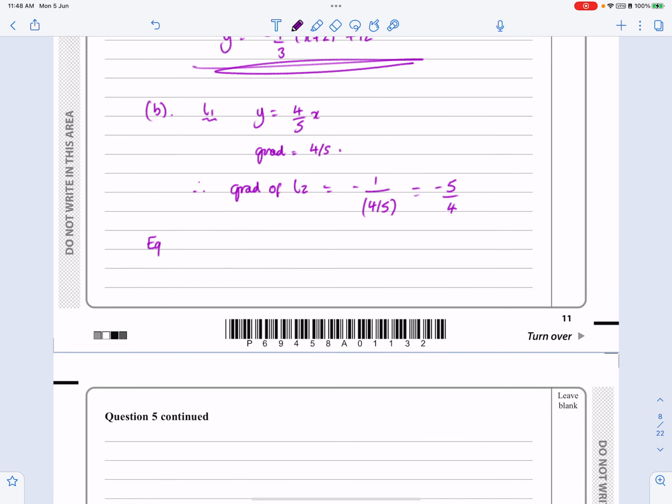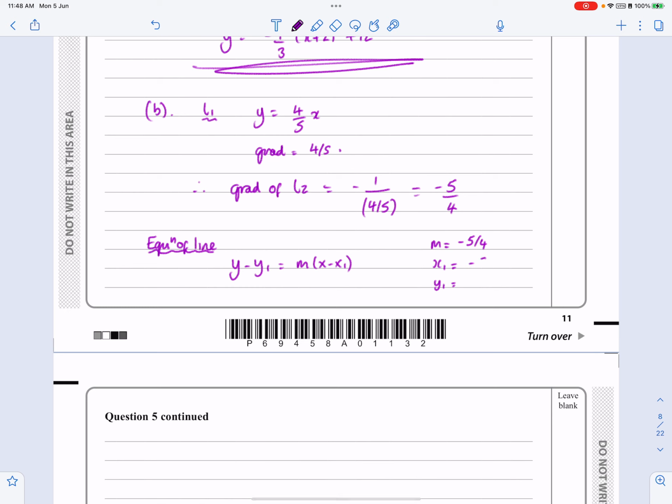So, equation of the line: I'm always going to use y minus y1 equals m(x minus x1). What do I need to have? I need a gradient, which I've got, minus 5 over 4, and I need a point that is on the line, and in this case it's the point (-5, 0).